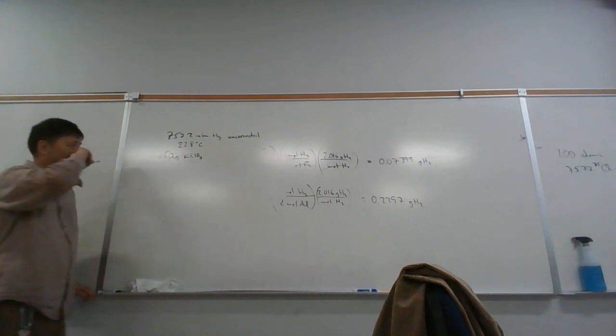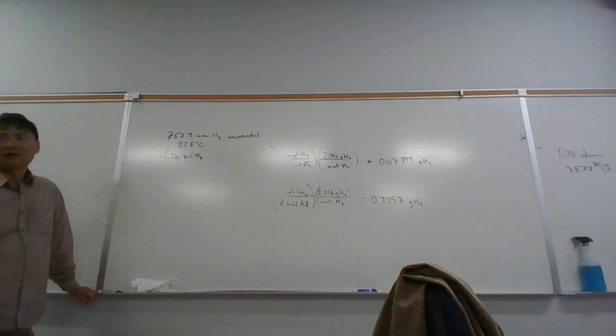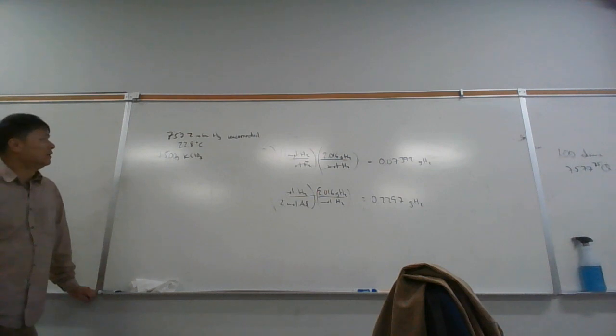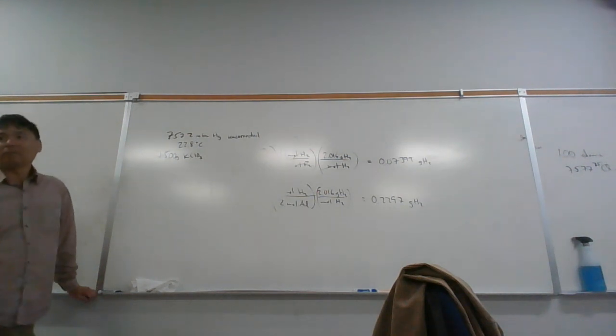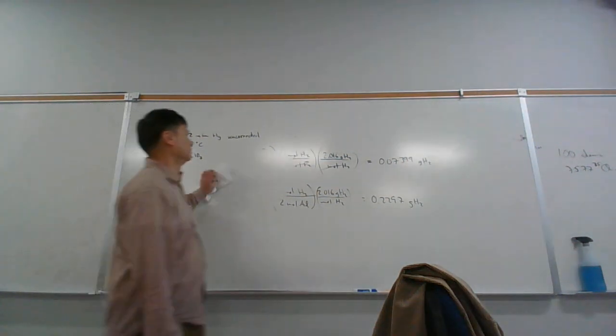What was the volume? The question is asking to find out how many milliliters of oxygen gas. Okay, so they want us to calculate the volume of oxygen gas. Okay, that's right.